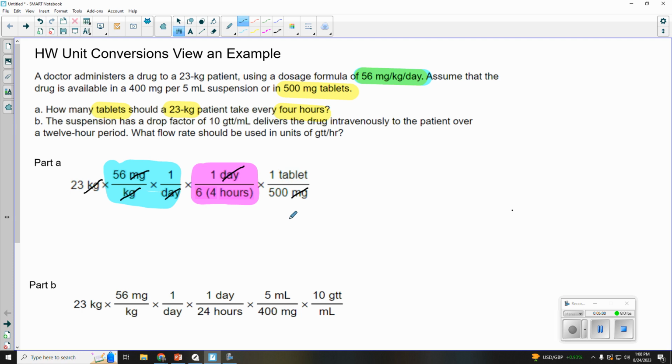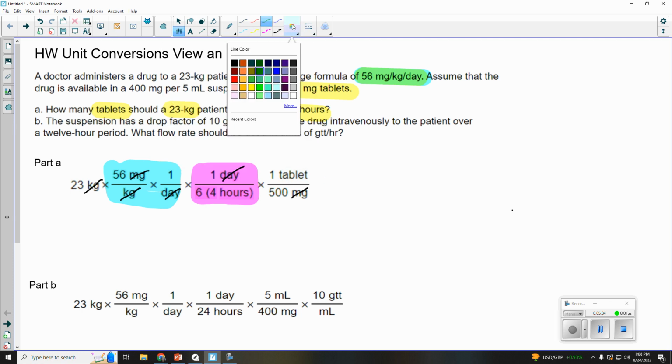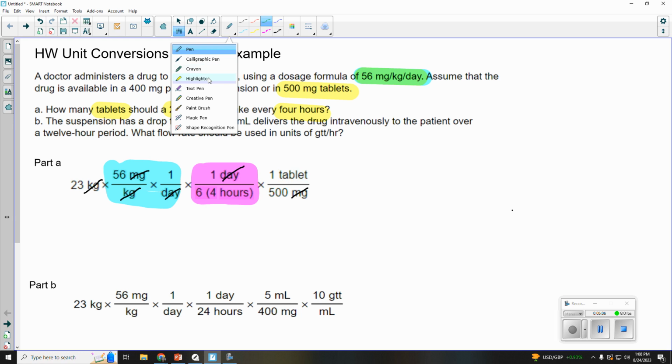All right, and then part 2 or part B, let me get my highlighter again, and part B, we have a drop factor, 10 GTT per milliliter in a 12-hour period.